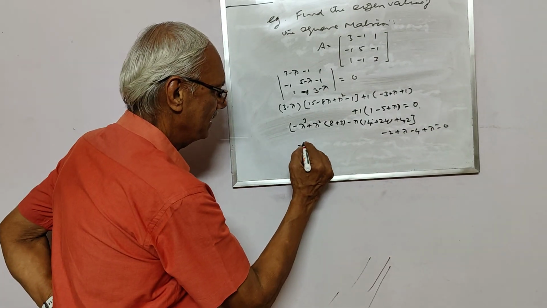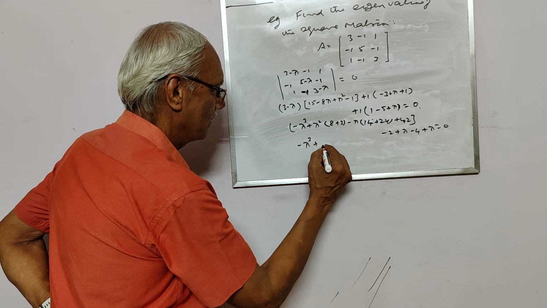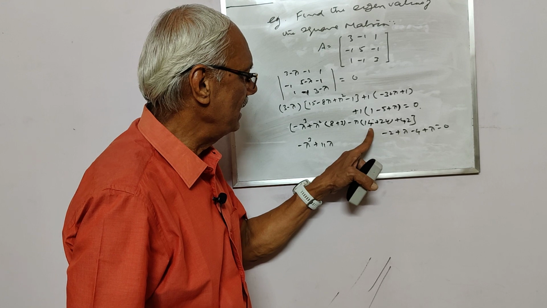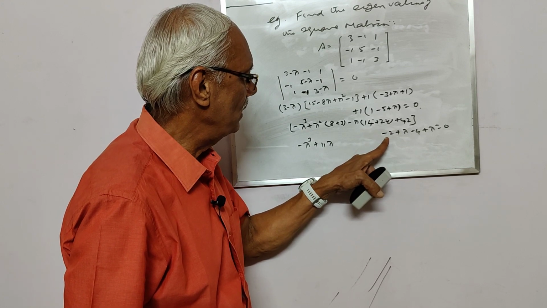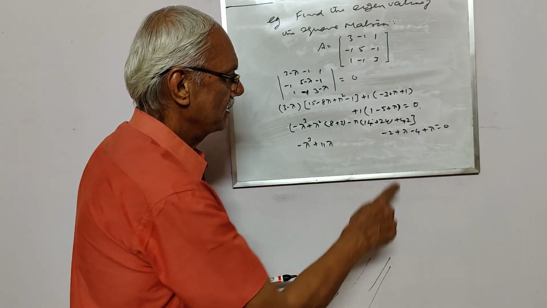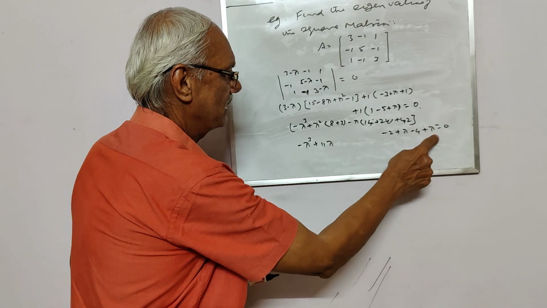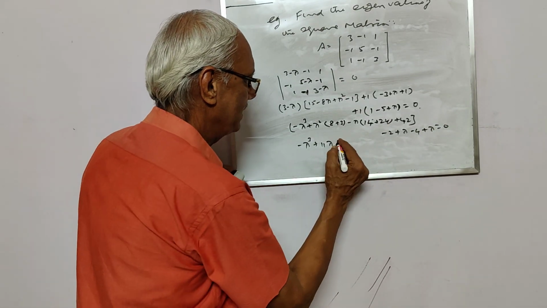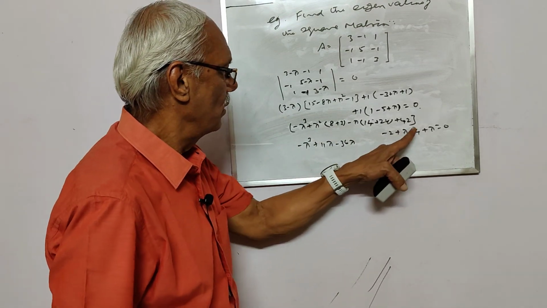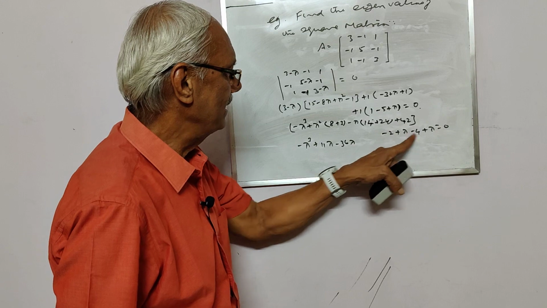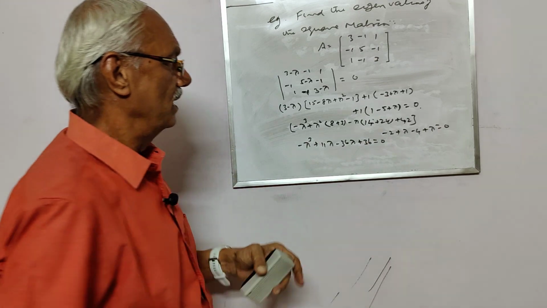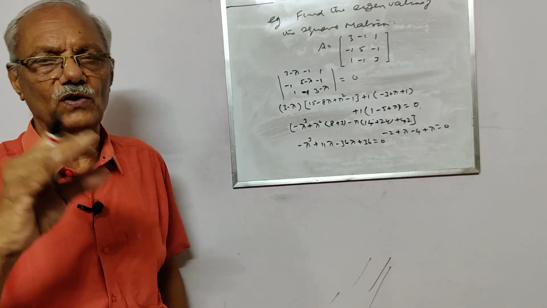So what you'll get here is minus lambda cubed plus 11 lambda squared, then minus 36 lambda, then 42 minus 6 is 36, equal to 0. Now this is the equation which has to be solved for lambda.